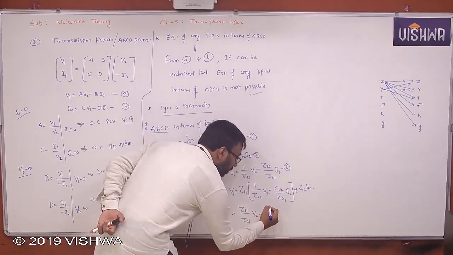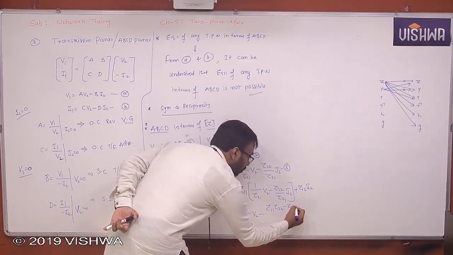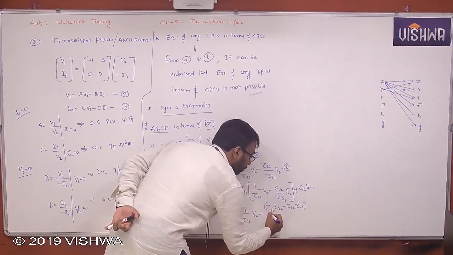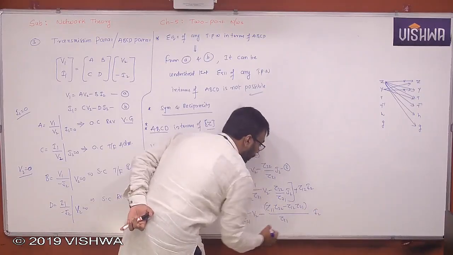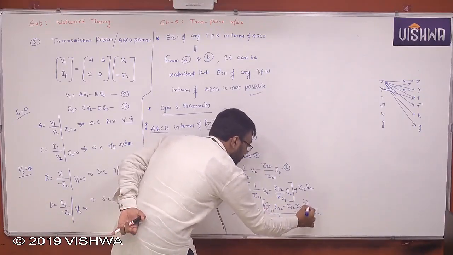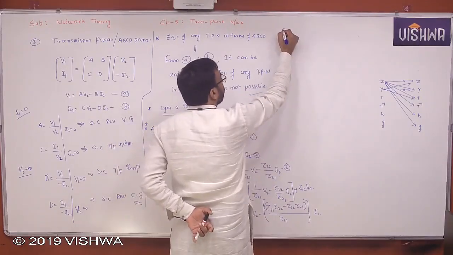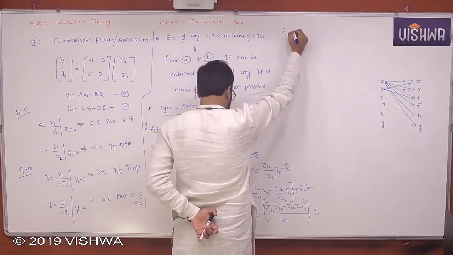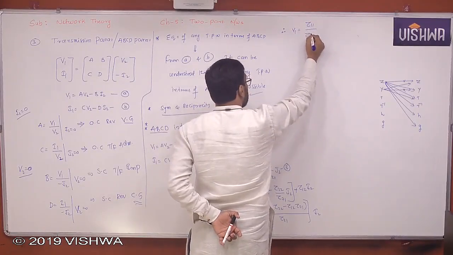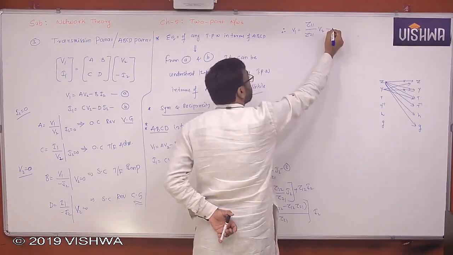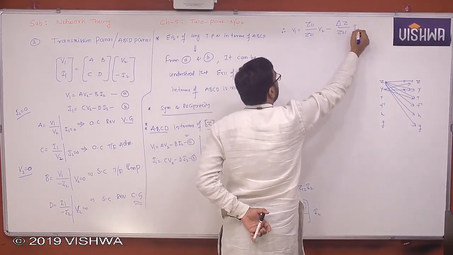So therefore Z11 Z22 minus Z12 Z21 by Z21 into I2. I hope you understand this. This is nothing but del Z only. Therefore V1 is equal to Z11 by Z21 V2 minus del Z by Z21 I2.